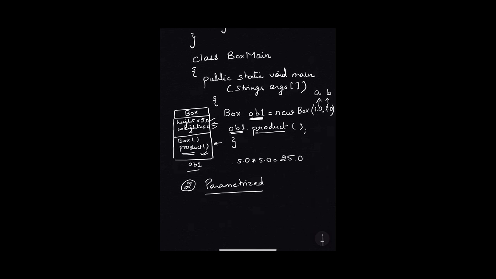So in my class diagram, I can say that both my values have been changed by using the parameterized constructor to 1.0 and 2.0. Now, if I calculate the product using the object, the result will be the multiplication of 1.0 and 2.0, which will result in 2.0 as my answer.